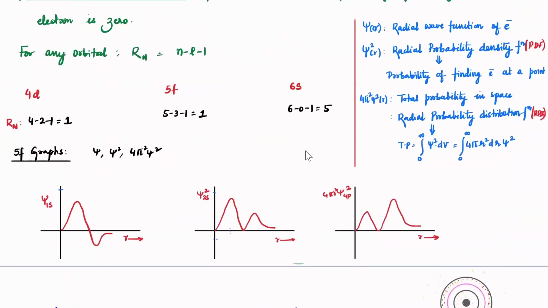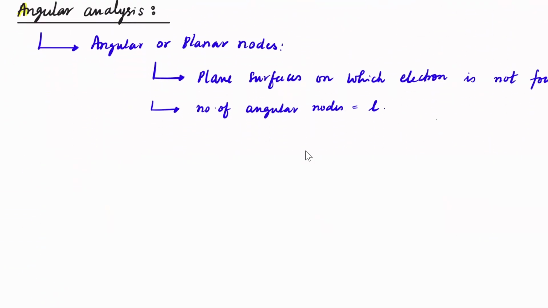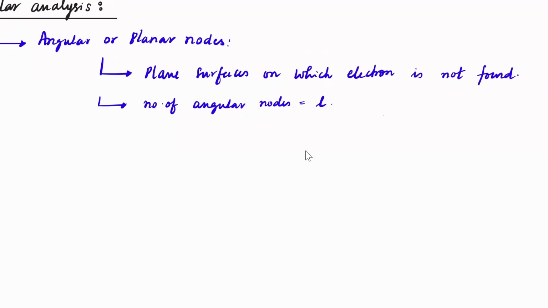Now, let's analyze what angular analysis is. That means the angular part. When it comes to the angular part, we discuss what happens if r is constant.